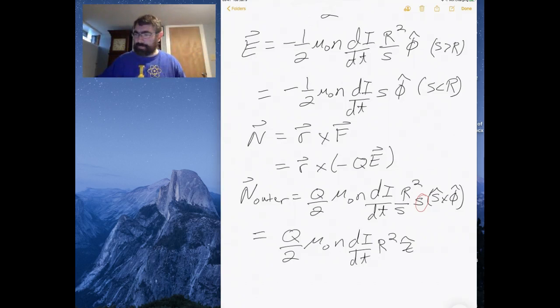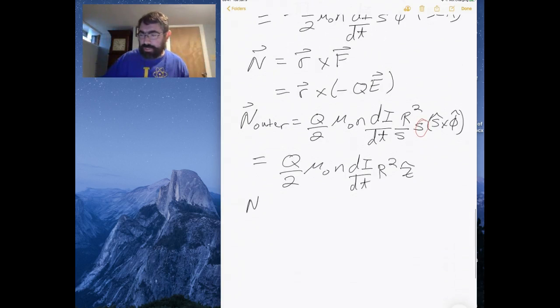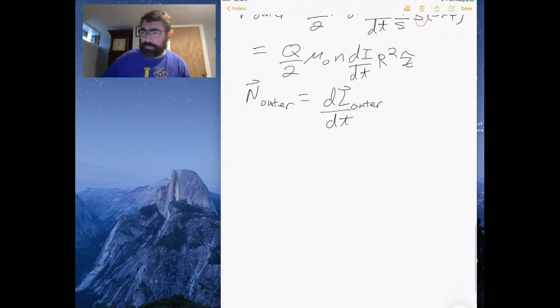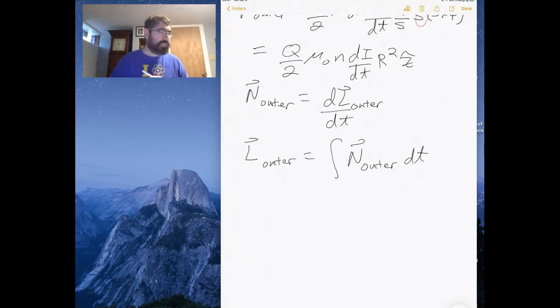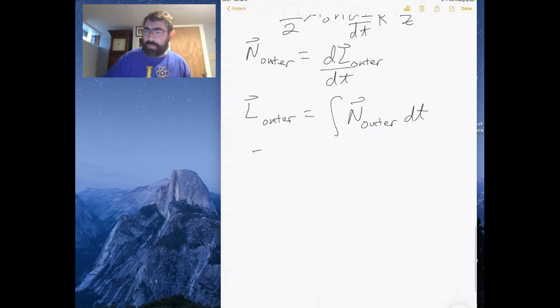And now remember that the torque is the time derivative of the angular momentum. So now if I integrate this torque, I can get the angular momentum for the outer cylinder. Like so. The only thing that's time dependent is that derivative is on the current.